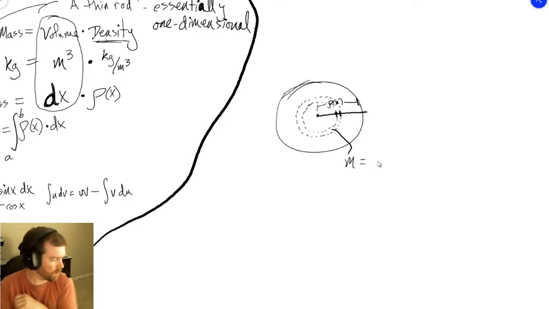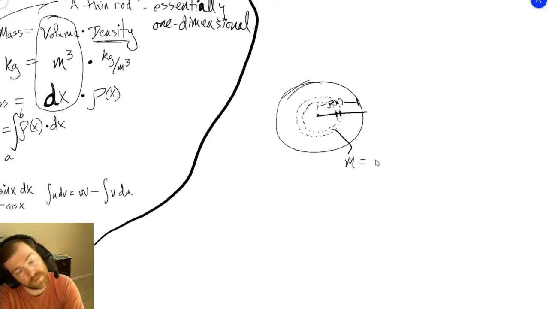The mass for this particular washer that's going all the way around is going to be equal to the area times the density at that particular point.